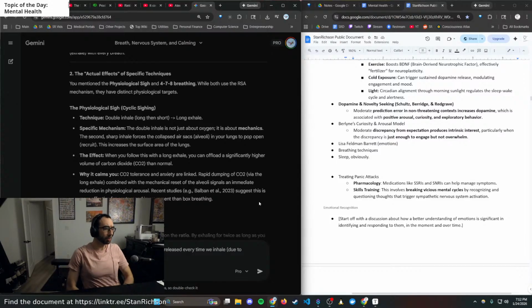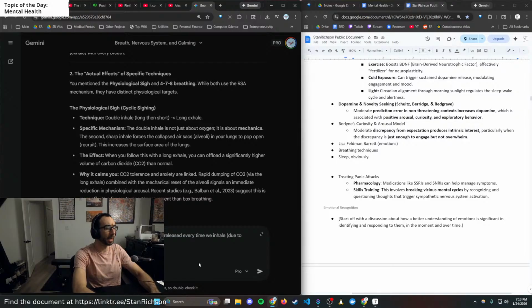Why it calms you: CO2 tolerance and anxiety are linked. Rapid dumping of CO2 via the long exhale, combined with the mechanical reset of the alveoli, signals an immediate reduction in physiological arousal. Recent studies suggest this is more effective for acute mood improvement than box breathing.